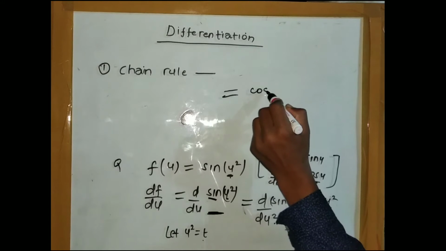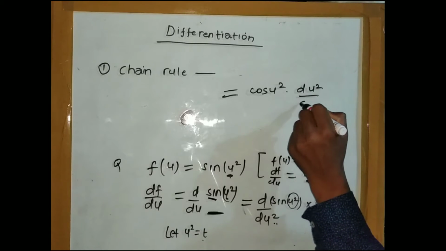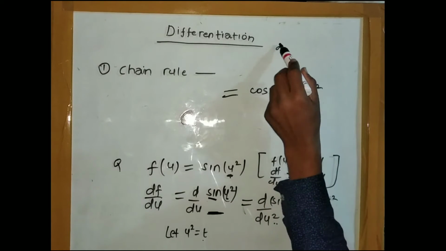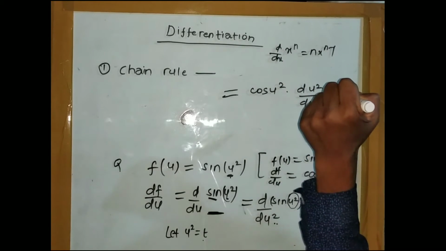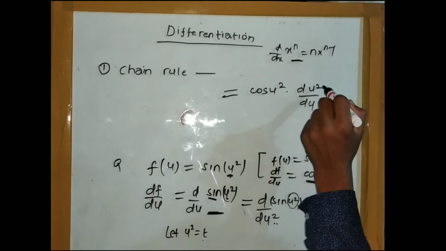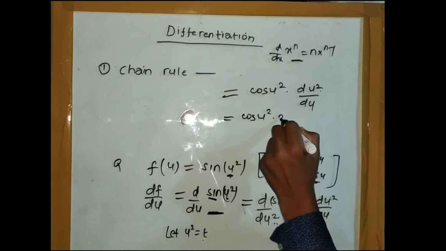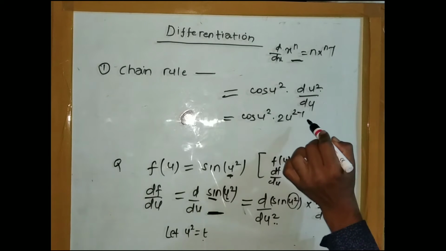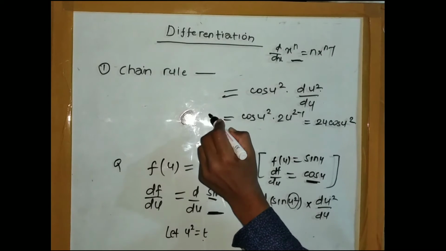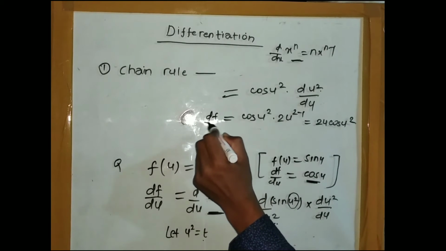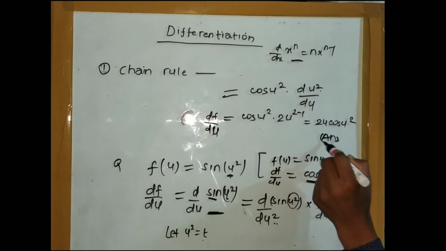So cos u square into del u square by del u, and we know that d by dx of x to the power n equals n x to the power n minus 1, the power rule. Here n is 2. So cos u square into 2u to the power 2 minus 1, which is 2u cos u square. This is equal to del f by del u. This is our answer.